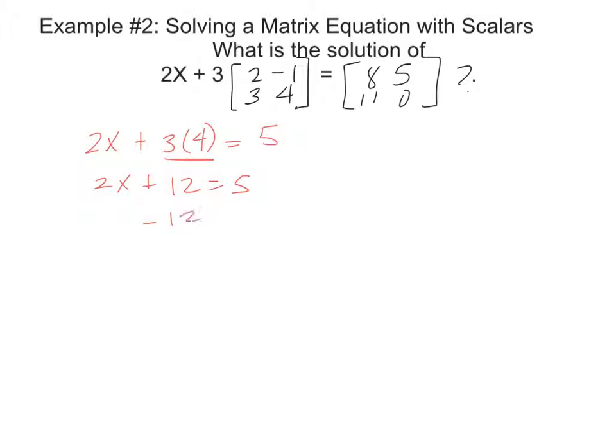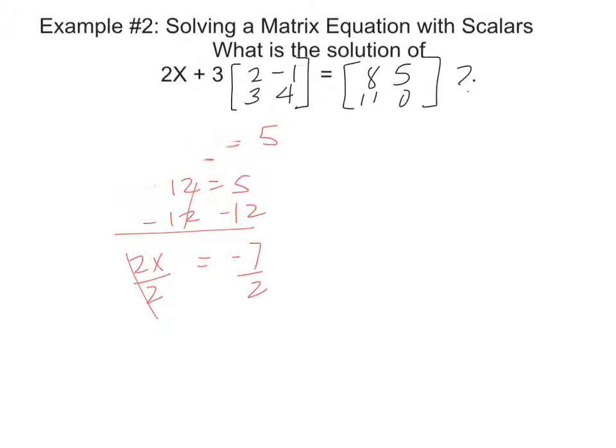Then we would subtract 12. And then we would divide by 2 to get our final answer. So that's essentially the same exact thing we're going to do, except we have matrices. Let's go ahead and do that.